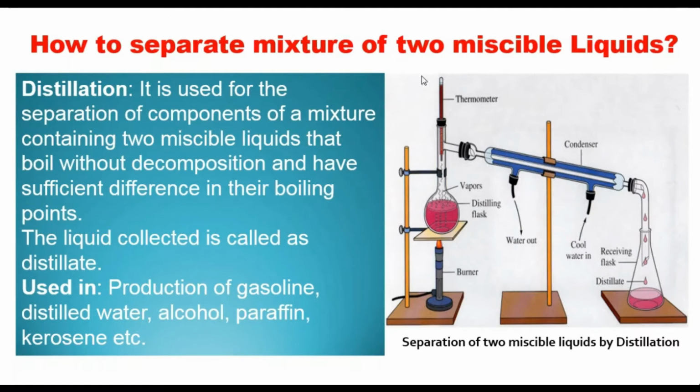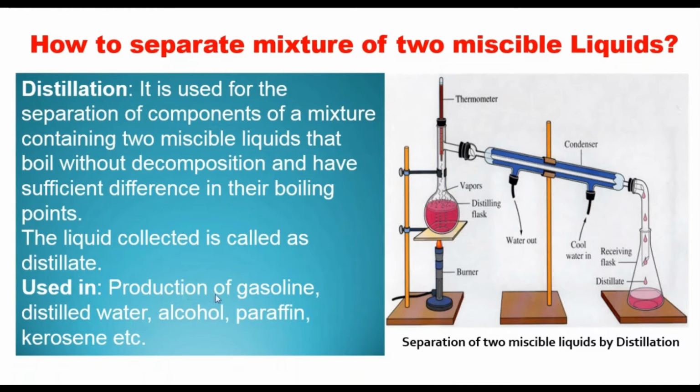So acetone heats up first, turns into vapor first, and when it becomes vapor it rises up. Then it travels to this condenser, cools down and turns into liquid state. So this way we can separate two miscible liquids into two different components by the process known as distillation.